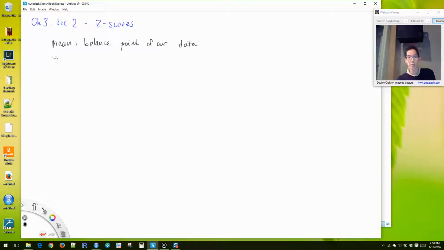And what does the standard deviation tell us? The standard deviation is a numeric summary for the spread in our data. We can think of it as the square root of the variance.